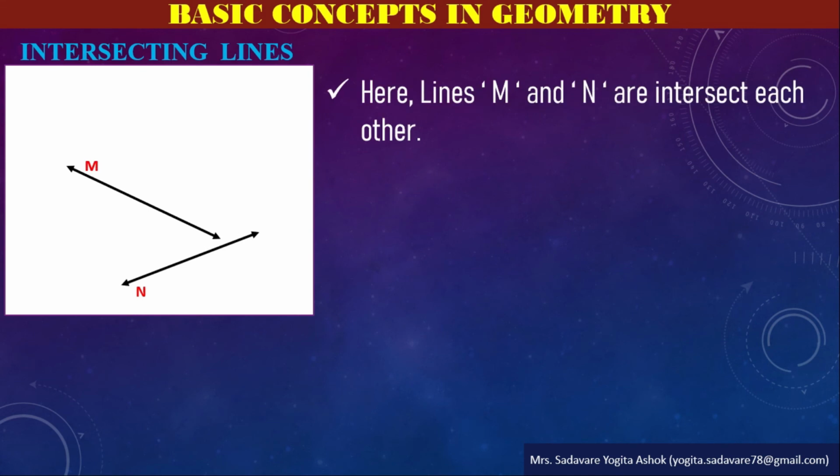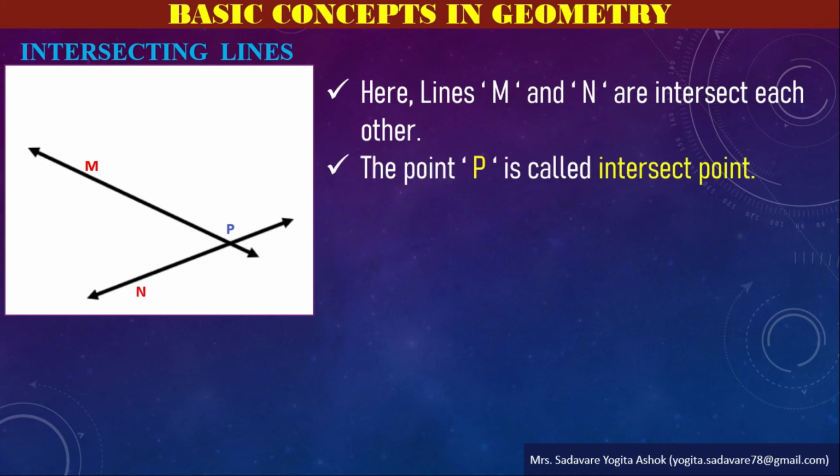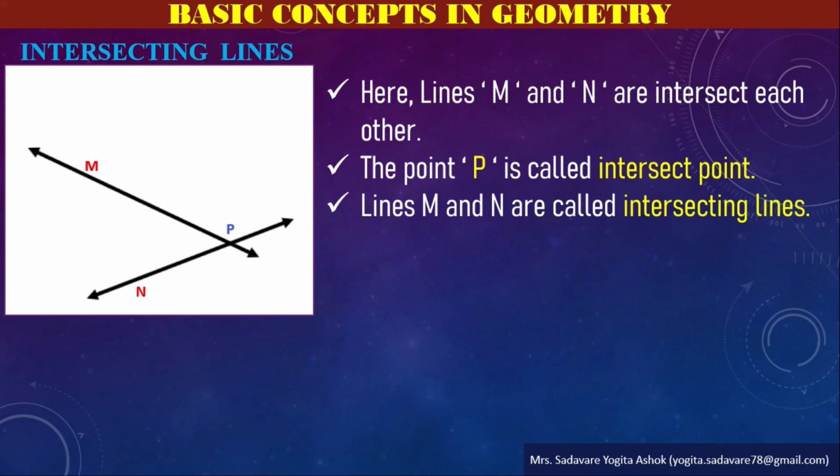Here lines M and N intersect each other. The point P is called the point of intersection. Lines M and N are called intersecting lines.